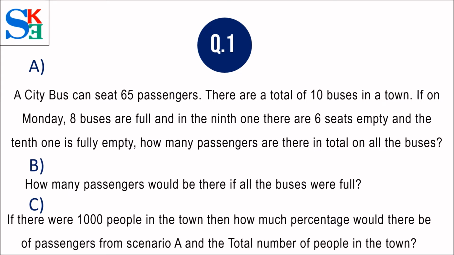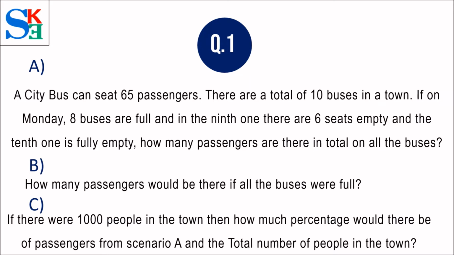B. How many passengers would be there if all the buses were full? And C. If there were 1,000 people in the town, then how much percentage would there be of passengers from scenario A and the total number of people in the town?